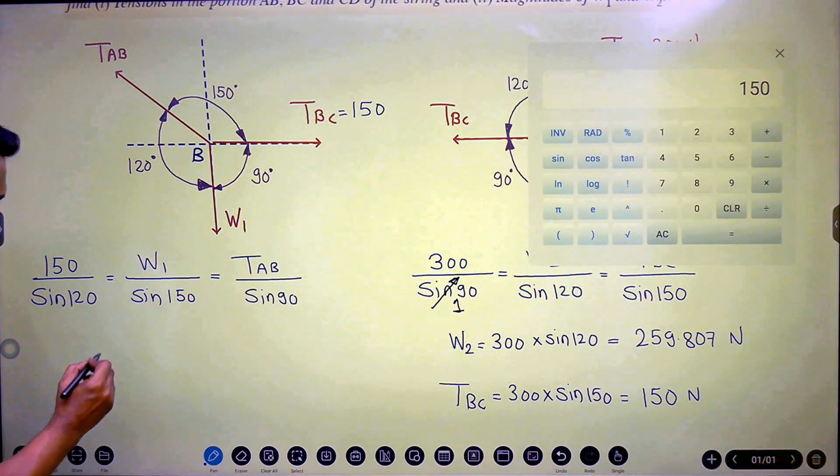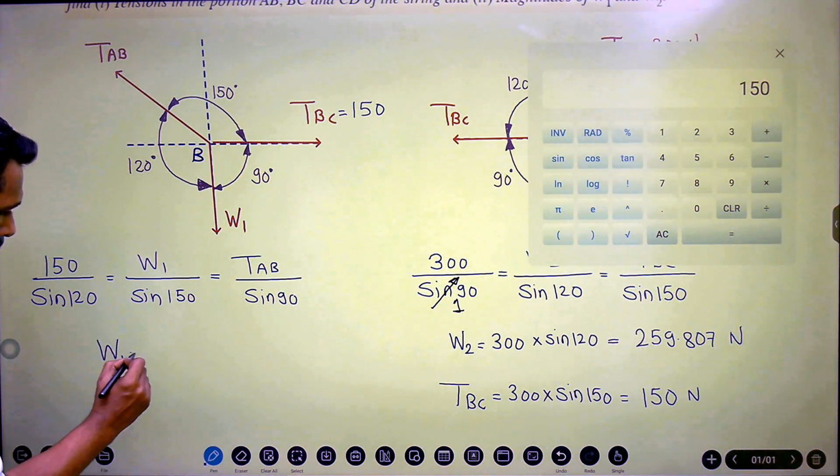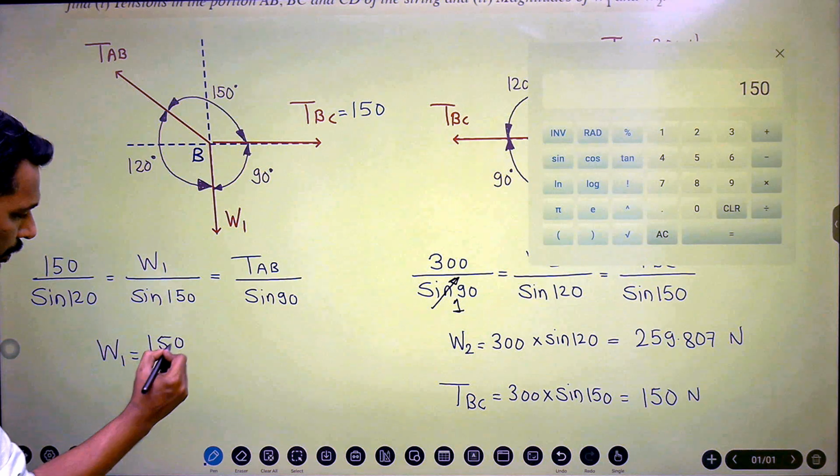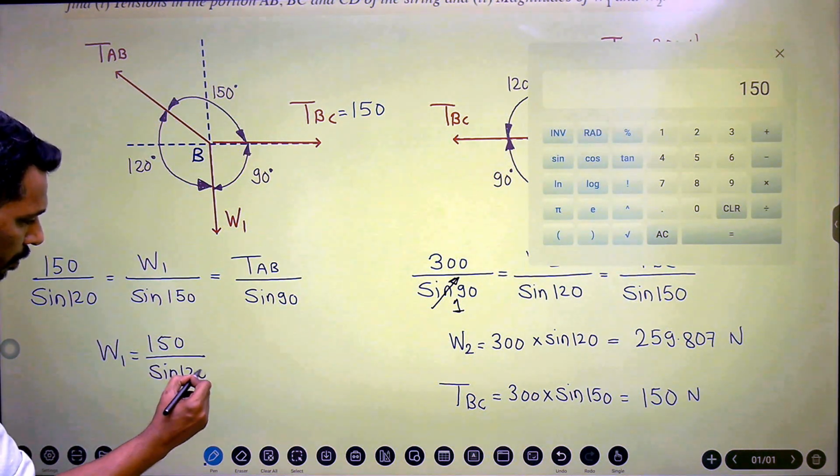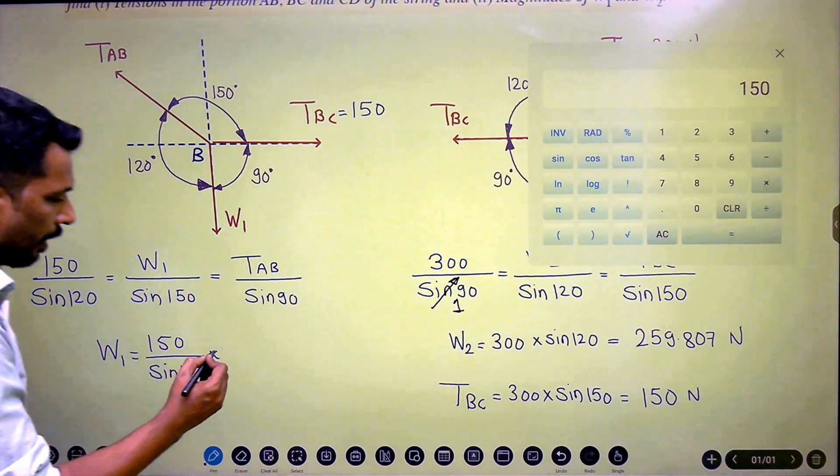So my equation will be for W1 is 150 divided by sine 120 into cross multiplication, that is sine 150.